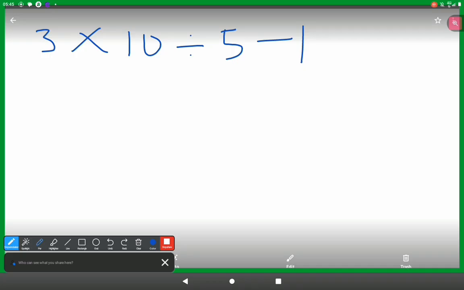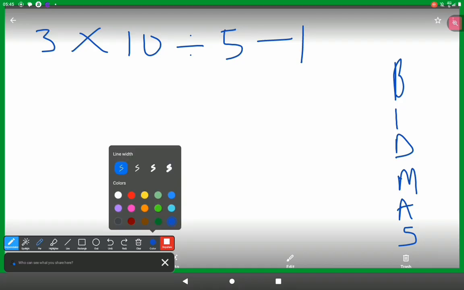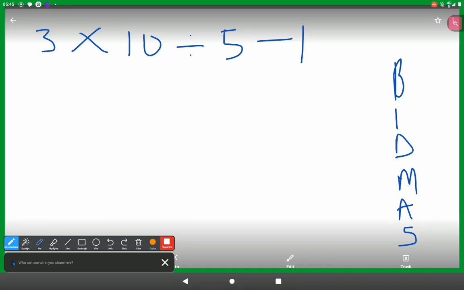Now according to BIDMAS, do not forget, always work alongside your BIDMAS. Alright, so bracket is not there, indices is not there, division is there. So how do we consider the division? Which is the owner of the division? Ask yourself.